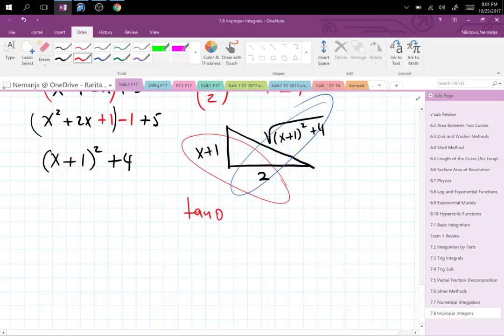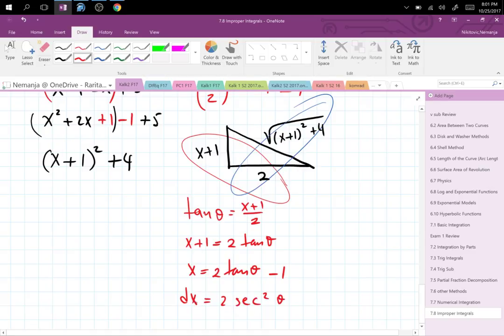So tangent theta is x plus 1 over 2, from where x plus 1 is equal to 2 tangent theta, and x is equal to 2 tangent theta minus 1. Immediately dx is equal to 2 secant squared theta d theta.